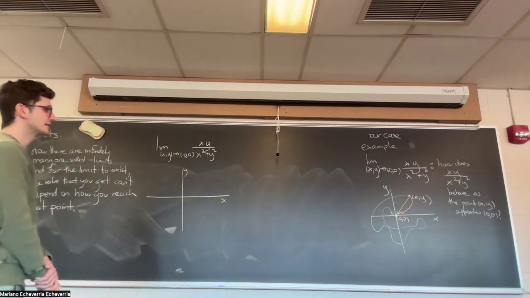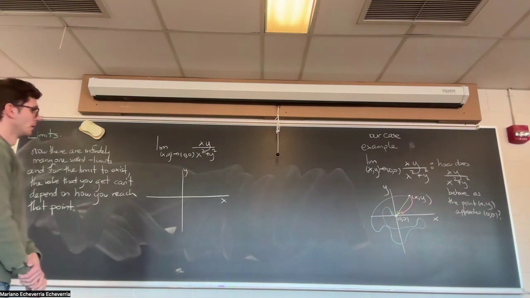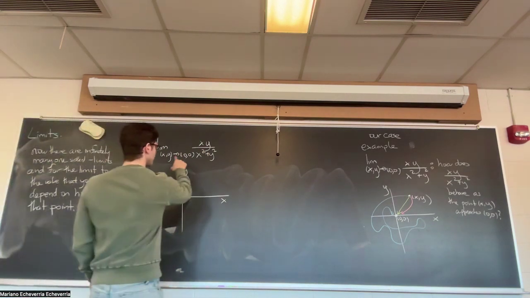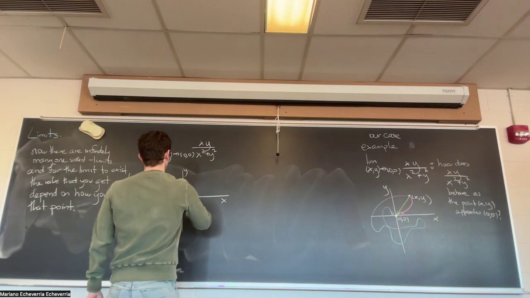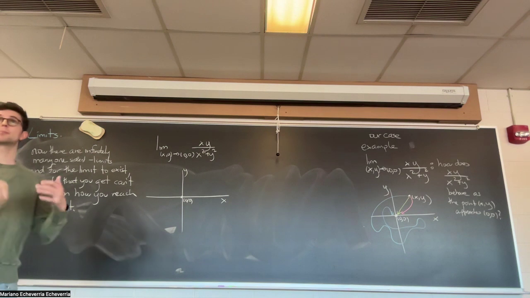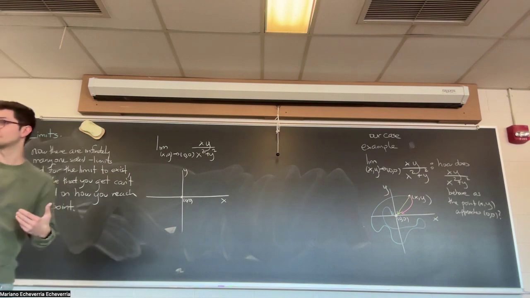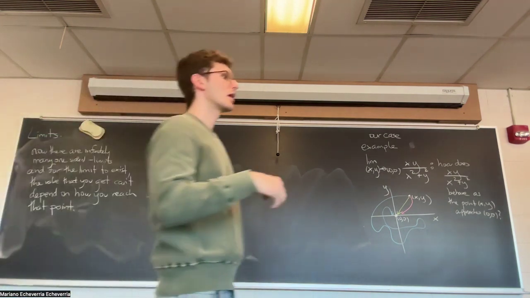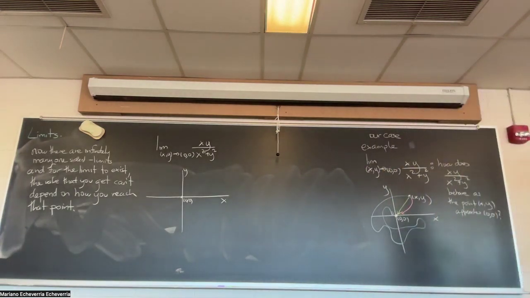Just to illustrate this, again, you want to understand this expression as you approach the origin. The idea is that you can choose a path, or a curve, that passes through the origin. What is a curve that goes through the origin? For example, a straight line.